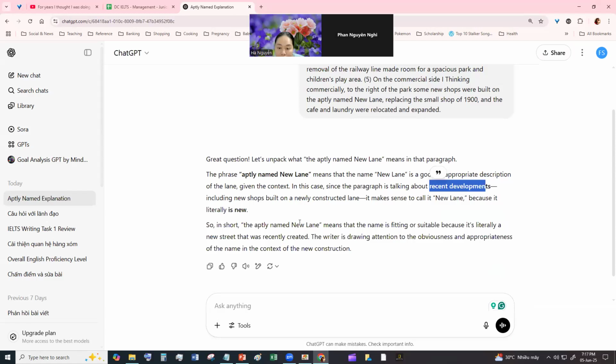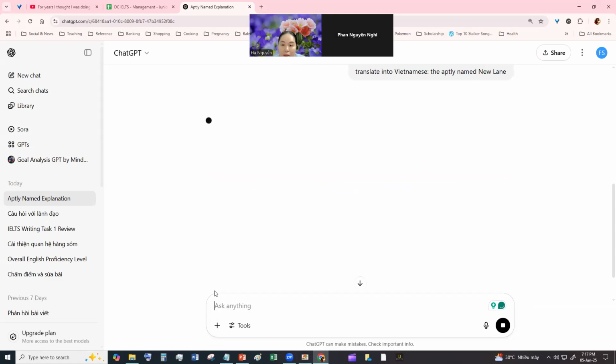In short, the aptly named New Lane means that the name is fitting or suitable because it's literally a new street that was recently created. So the writer is drawing attention to the obviousness and appropriateness of the name in the context of the new construction. Okay. And if you have to translate into Vietnamese, if you want to, yes, because when you learn a language, it's also a good idea to refer to your mother tongue as well.